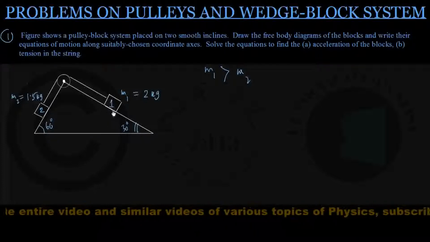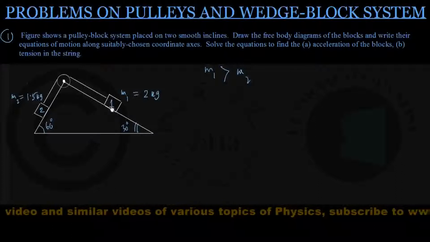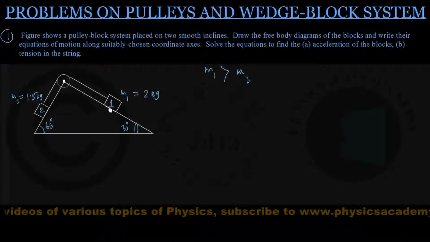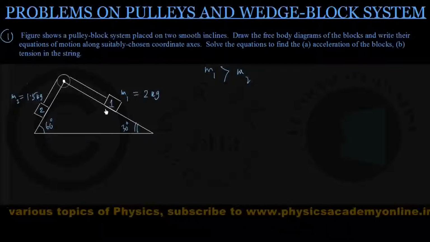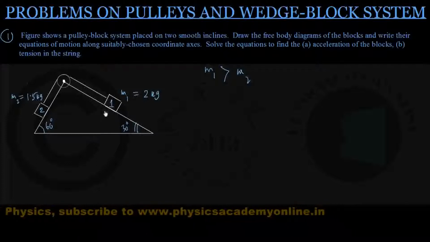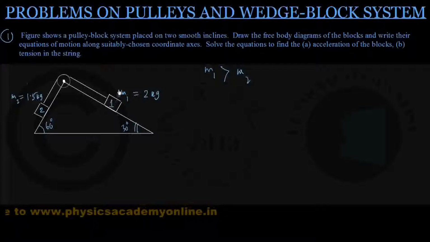If you can recall, this force of gravity acting on either block has to be broken into two components, and while the cosine component into this inclined plane balances the normal force applied by the inclined plane here, the driving force that tends to drag the block down the incline is not m1g but the sine component, that is m1g sine 30 degree here.